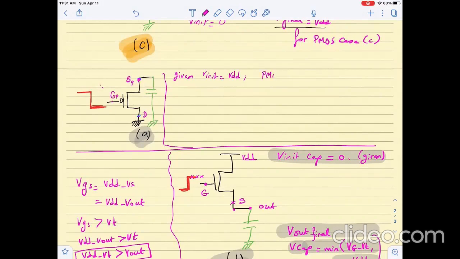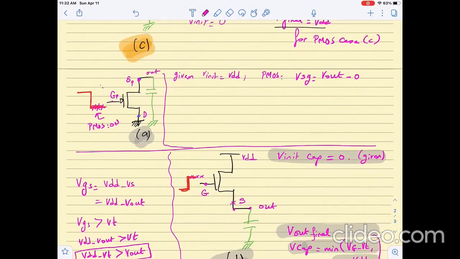So for the PMOS device, we have VSG equal to V out minus 0. When the PMOS is on is when the gate is low, right? This is where we measure the delay. So the VSG is V out minus 0 because this is really the output node or the VCAP.